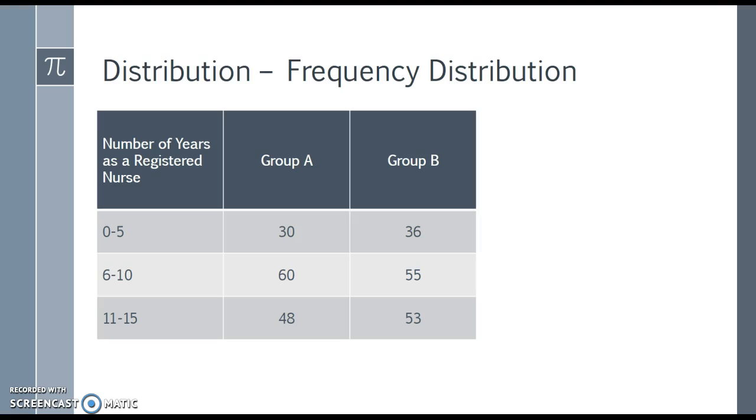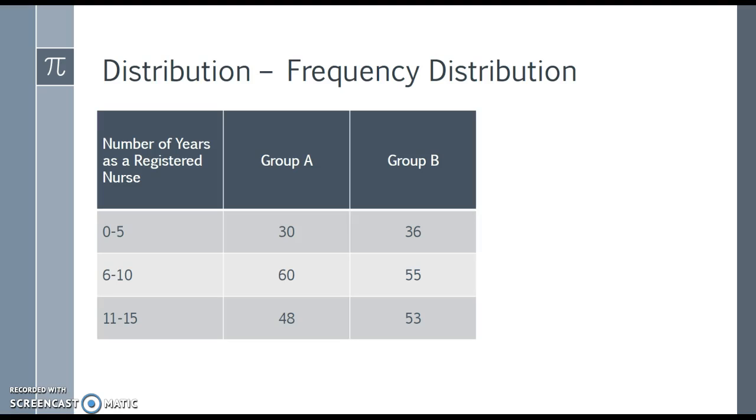So part of descriptive statistics is looking at the distribution of your data. One area that we can look at is the frequency distribution. If you notice on this slide, I have a table that shows you one variable, which is the number of years as a registered nurse, and 2 groups of nurses.